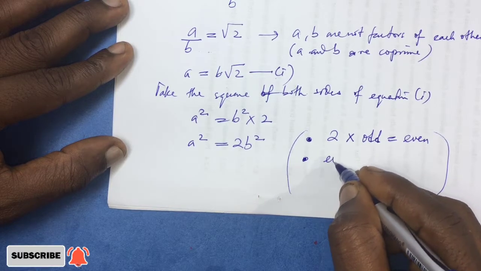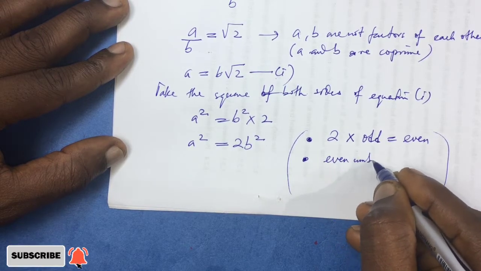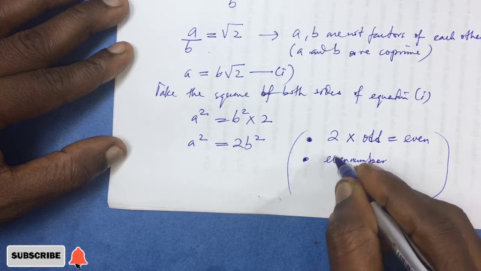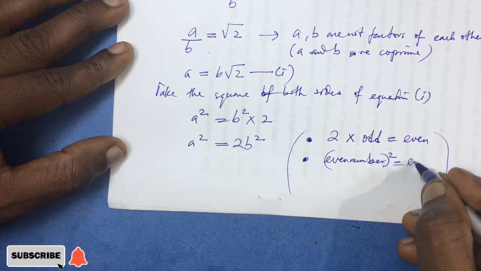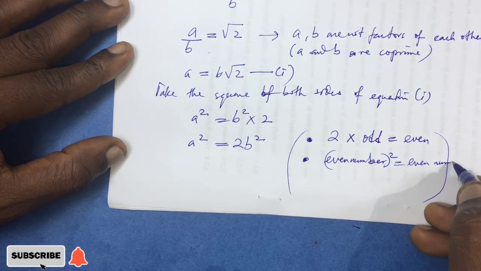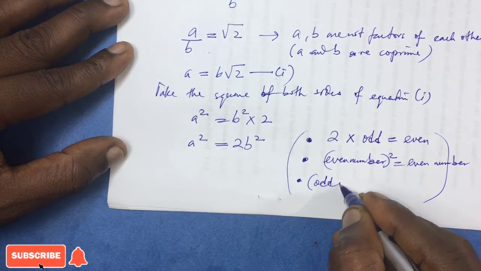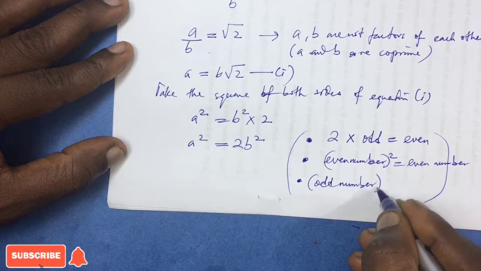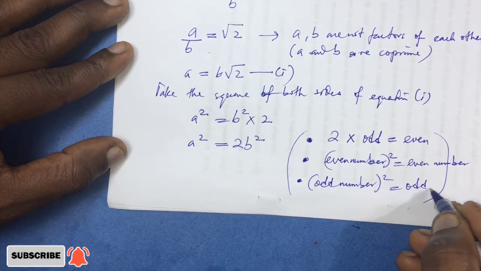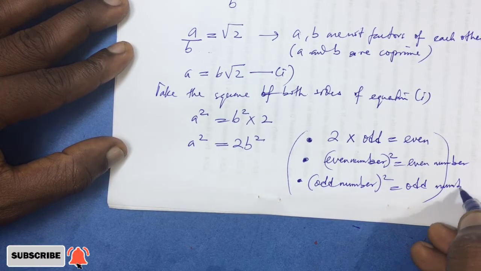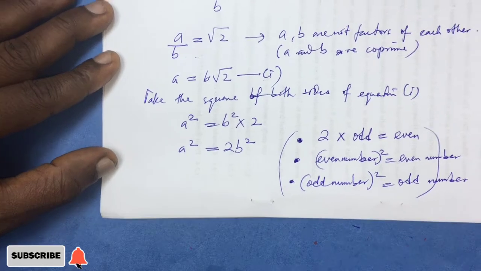So an even number all squared will give you an even number. And if you square an odd number, the square of an odd number will give you an odd number. Now, why am I telling you to take note of this?